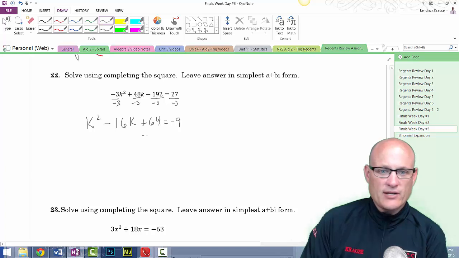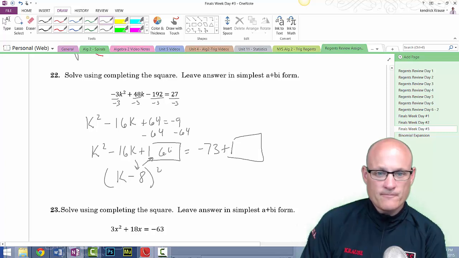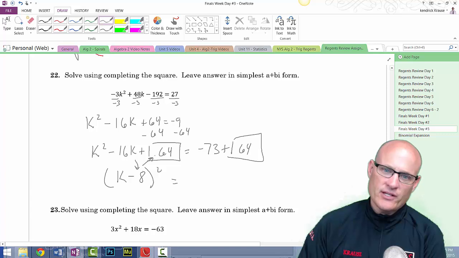I have to move the constant over, so I bring the 64 over because that's the next step. So I get k squared minus 16k plus square equals negative 73 plus square. So k minus 8 squared, half of this goes in here, 64, and 64 is equal to, what is that, negative 9.